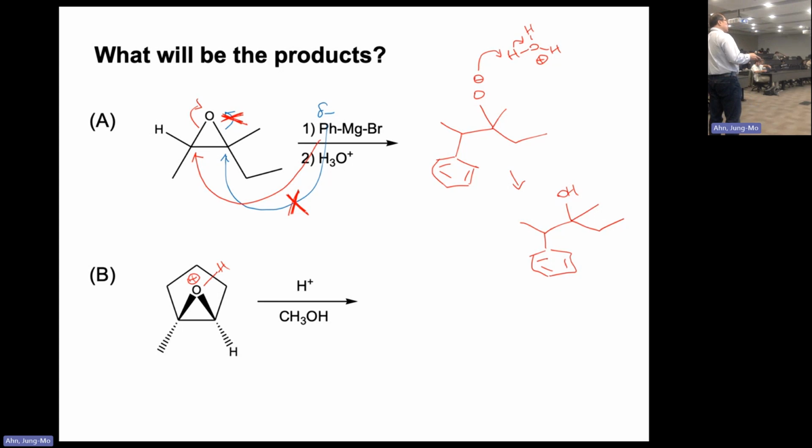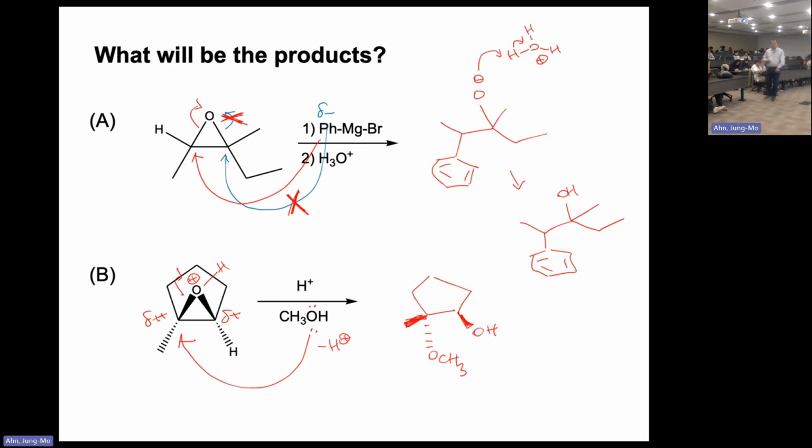When the oxygen is protonated, then the oxygen will pull electron density from the carbon it's bound to, and the more substituted carbon will lose more electron density to the oxygen than the less substituted side. So that's the reason why the nucleophile attacks the more substituted side, not because it really favors the crowded position, but because that carbon becomes more electron deficient. It's more of an electronic reason than a steric reason.